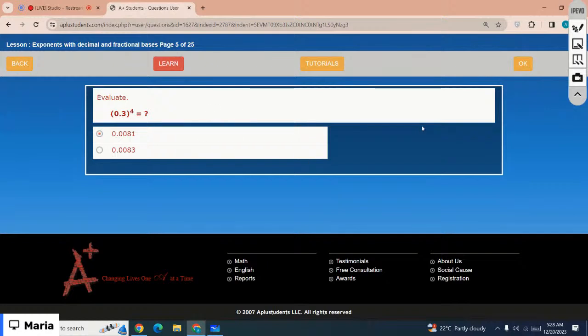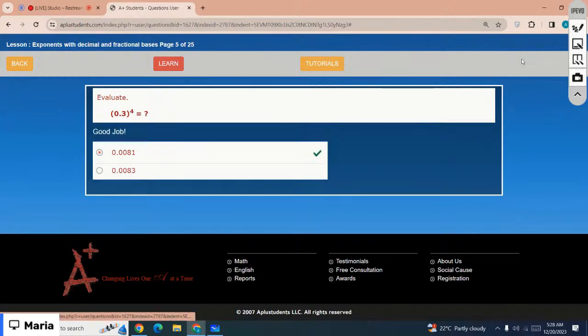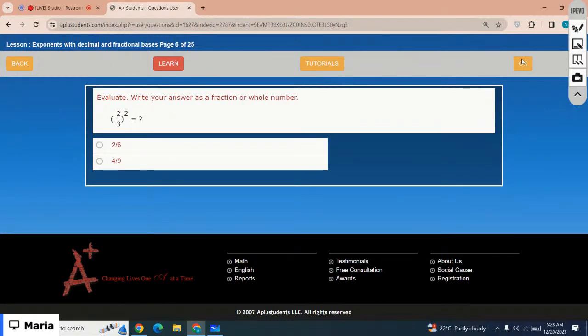Option number 1 is the correct option. Okay, the next one is evaluate 2 over 3 exponent 2, which is the correct option?